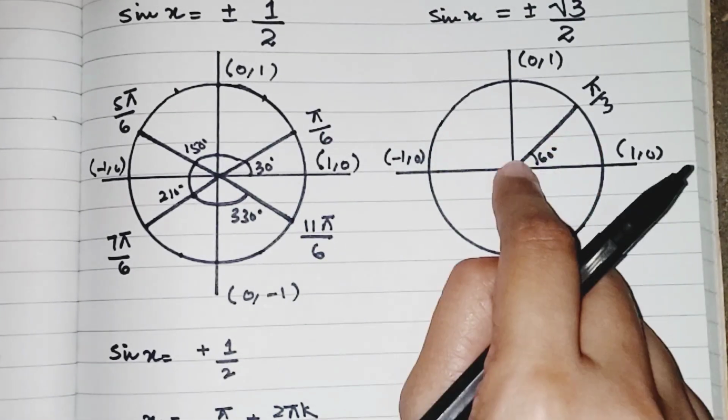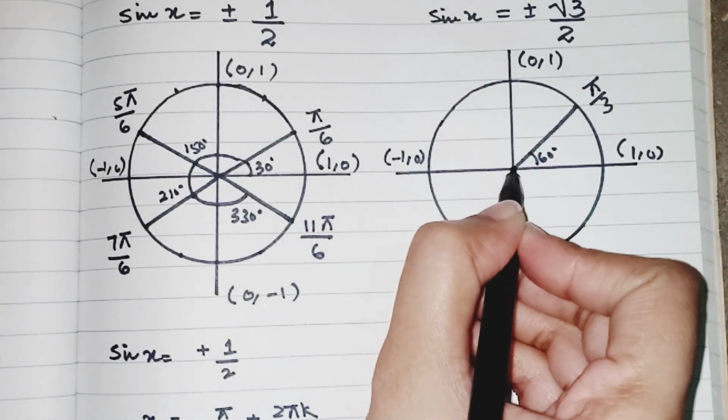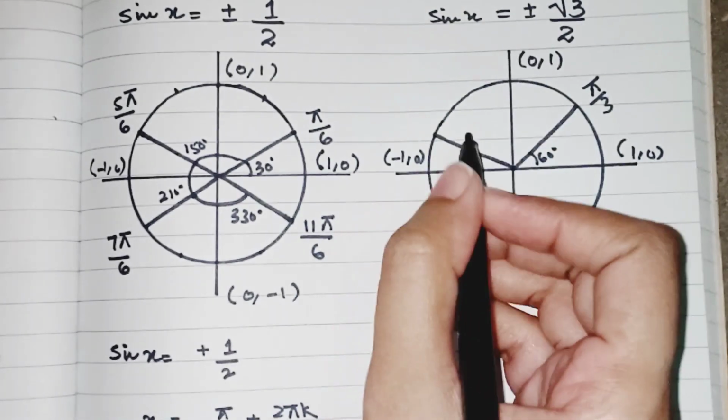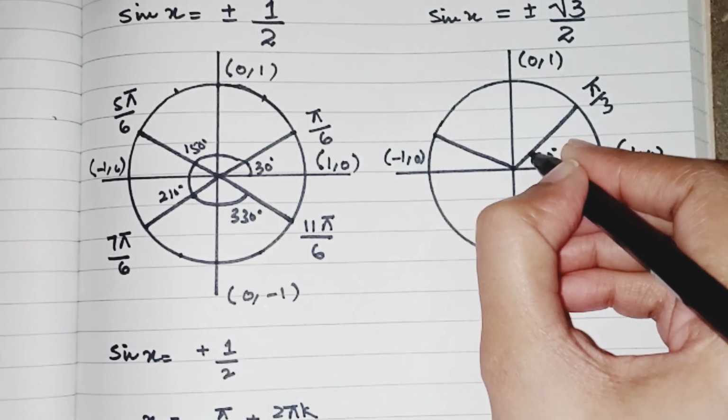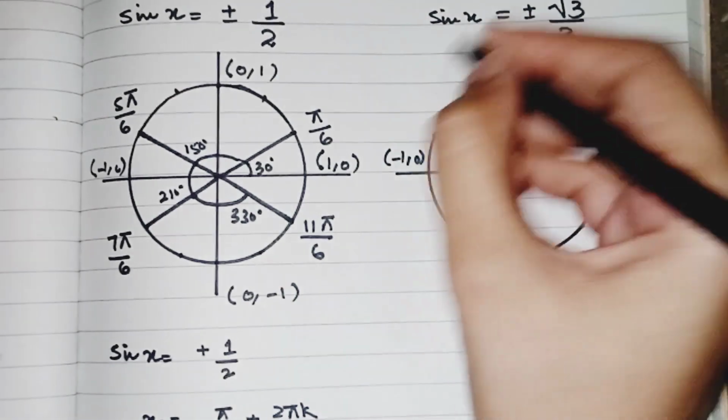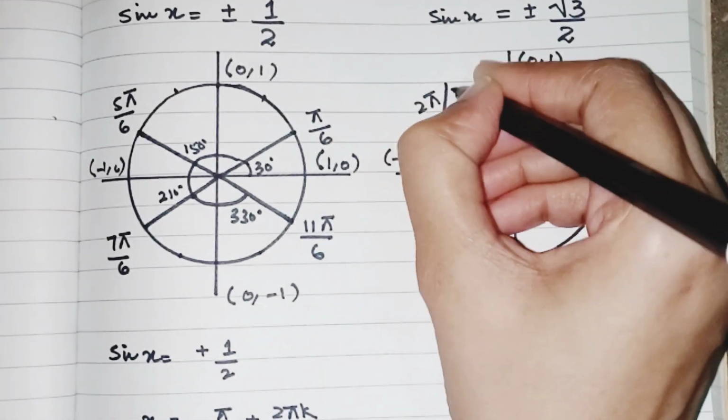So the first will be 60 and the other one will be 120. Simple. So this one is 2 pi upon 3.